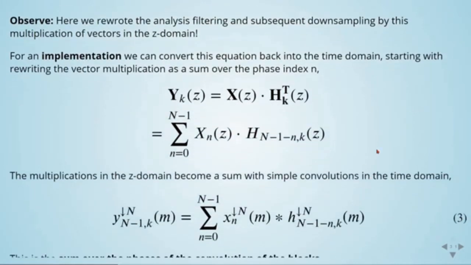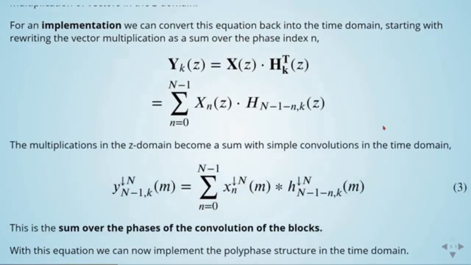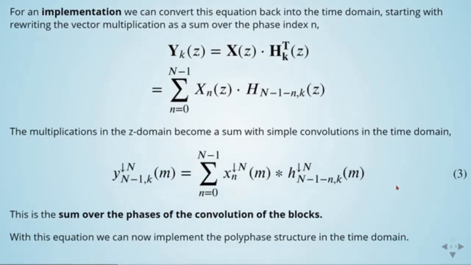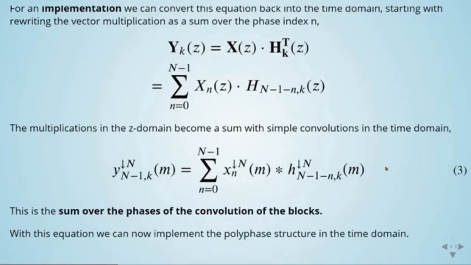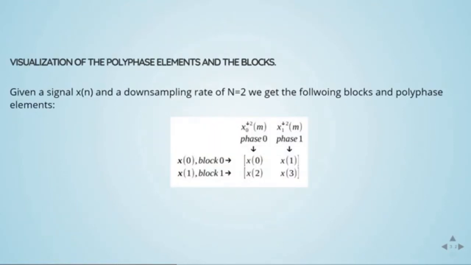The multiplications in the Z domain become a sum with simple convolutions in the time domain, which is here. This is the sum over the phases of the convolution of the blocks. With this equation, we can now implement the polyphase structure in the time domain.